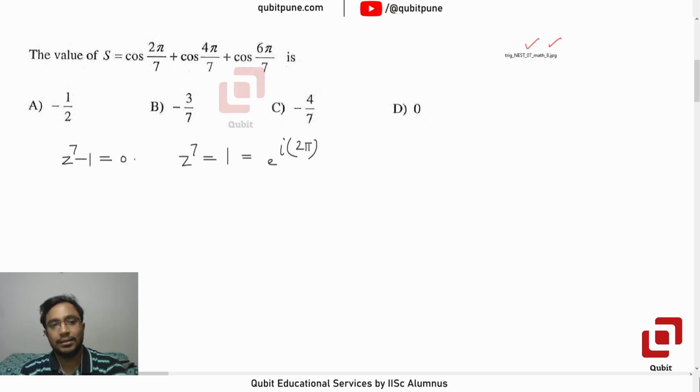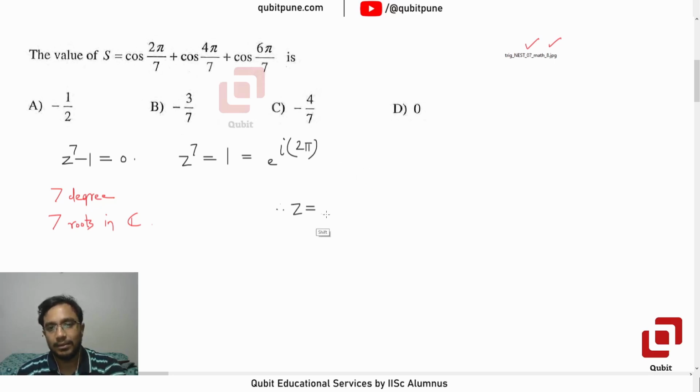But we know that this being a 7th degree equation or polynomial, it should have 7 roots in the set of complex numbers. Like we do it for the complex cube roots of unity, we usually take it as omega. Let's take z this time. So we modify this.